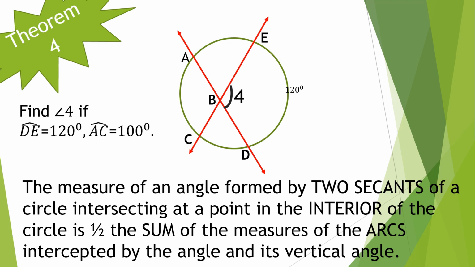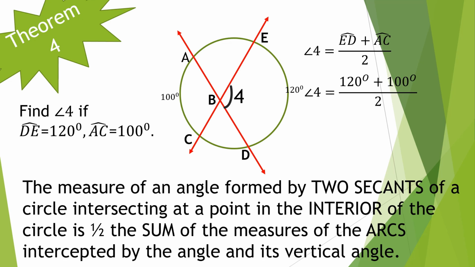Supposedly we are going to have this one. Find angle 4 if arc DE is equal to 120 degrees. That is the intercepted arc of angle 4. And arc AC is the intercepted arc of the vertical angle. So we get the sum of the two because the formula is the sum of the intercepted arc of angle 4, which is DE, and the intercepted arc of the vertical angle, which is AC, divided by 2.